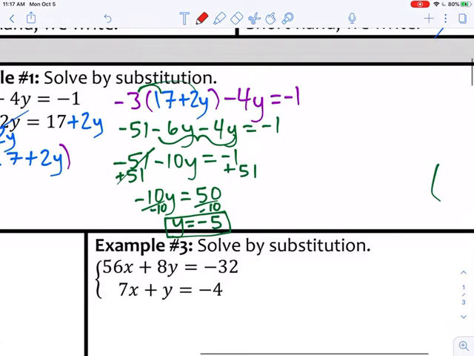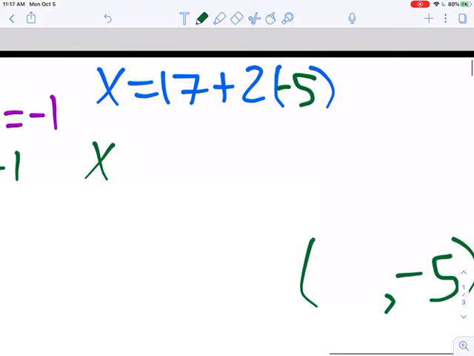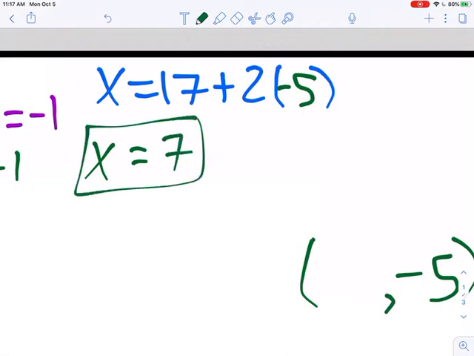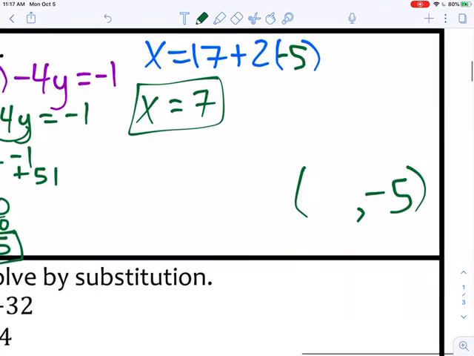I'm going to move this over here. x equals 17 plus 2y, but instead of y, we're going to use what we just solved for and put in a -5. Now, if I put this into my calculator, and I definitely can, we'll do 17 minus 10, so x is 7. So there are two separate parts, and we're going to go ahead and put that into our x position. Remember, x, then y.